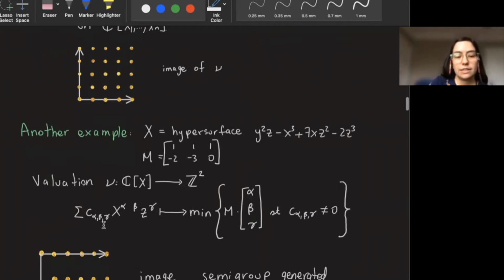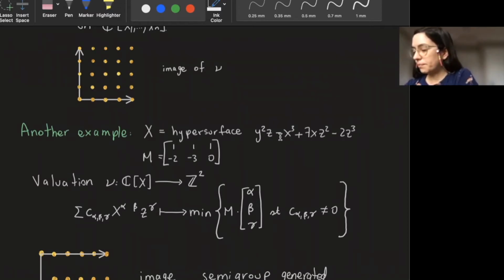So I'm presenting this coordinate ring as the quotient of C[X, Y, Z] by the ideal generated by this.